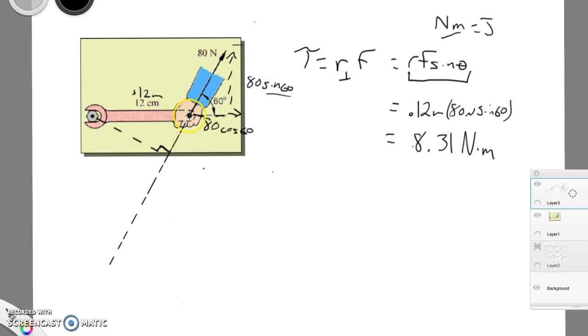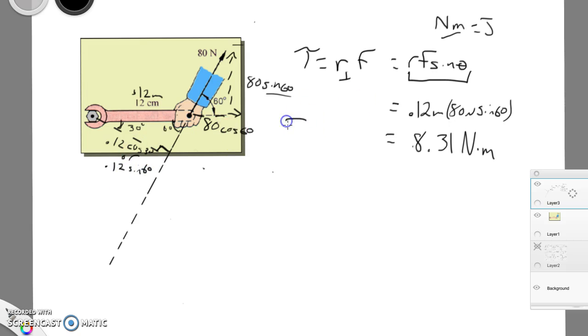Let's see, I'm trying to figure out my angles here, so this would be, I believe, 30 degrees. Yes, because these are alternate interior angles, so that's 60, so that's 30. So this right here would be 0.12 times cos of 30, or 0.12 times sine of 60.